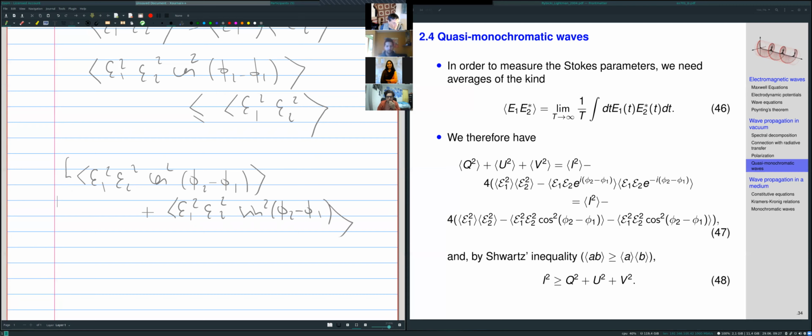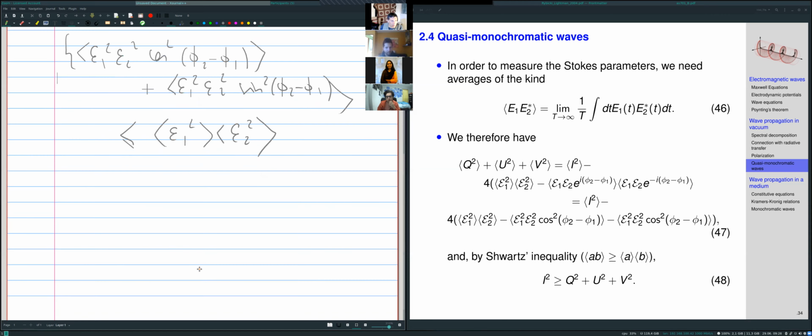Okay, so all this is less or equal to epsilon 1 squared times epsilon 2 squared.